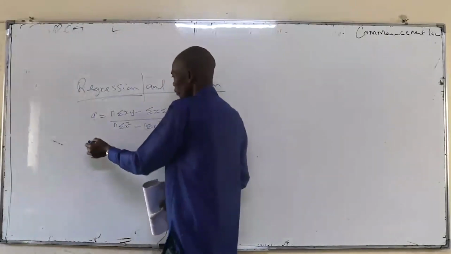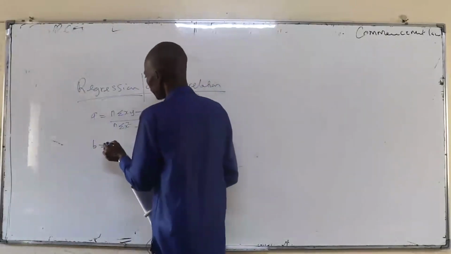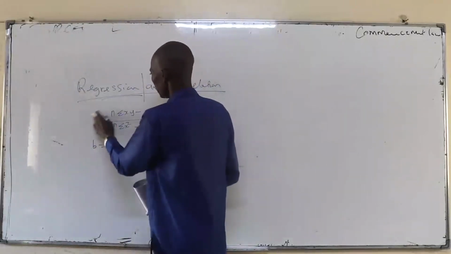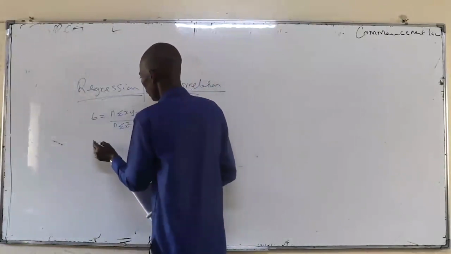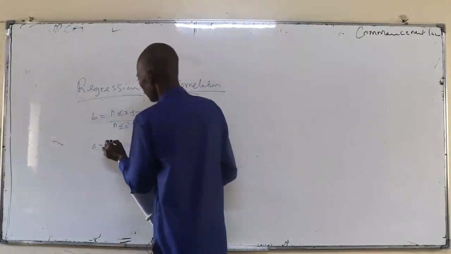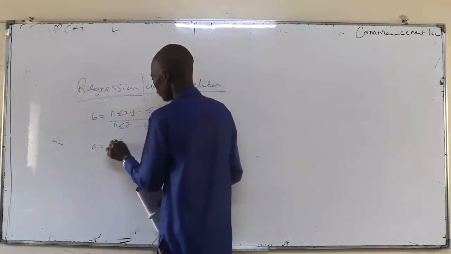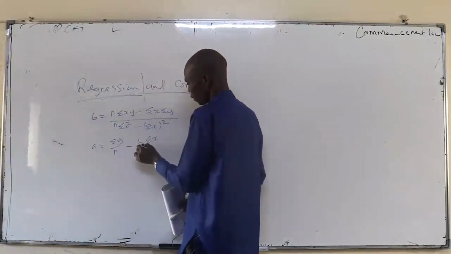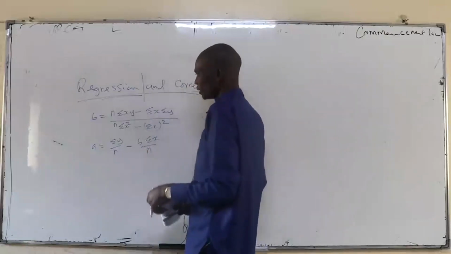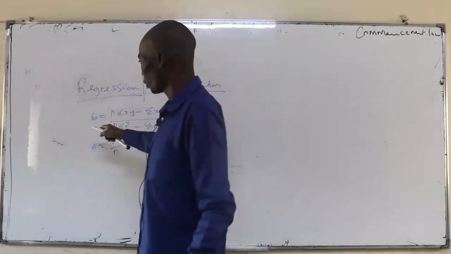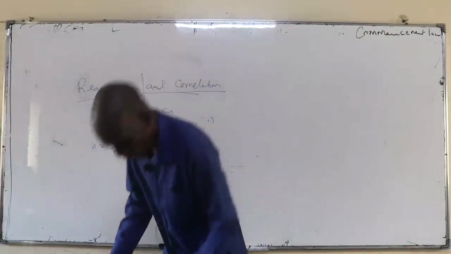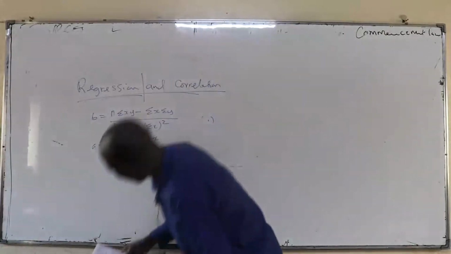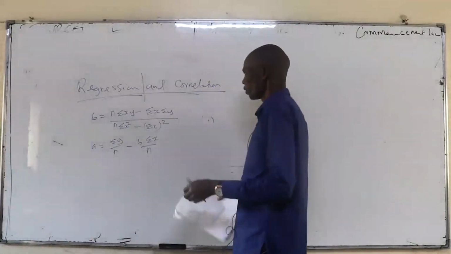Then a, the other constant, we get it by summation of y over n minus b summation of x over n. So we have two formulas there, one for b and one for a.